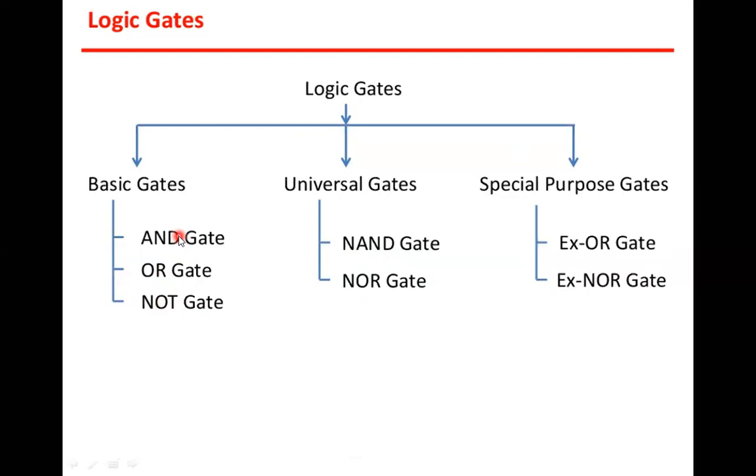That's the reason NAND gate and NOR gate are called universal gates. And as per the circuit requirement, we have special purpose gates called the XOR gate or XNOR gate, meaning exclusive OR gate and exclusive NOR gate. These are all the gates which we will be studying in our next slides.